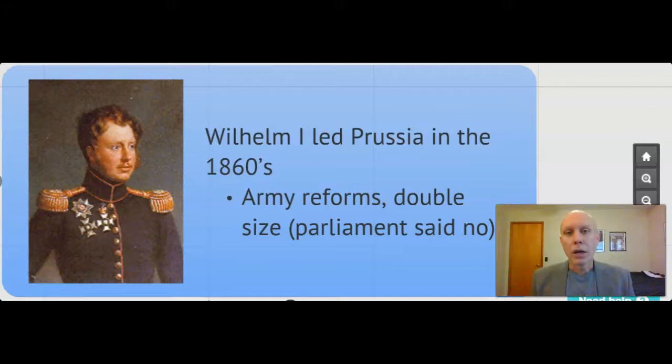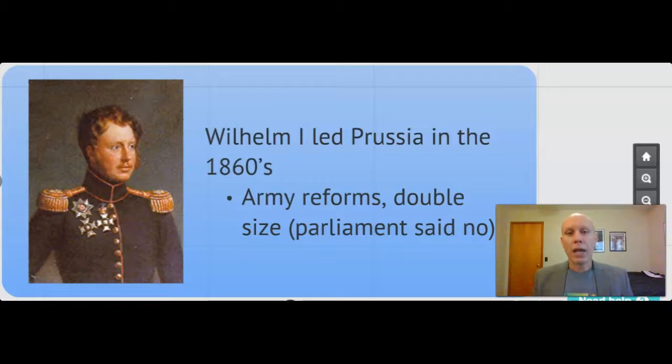Now, early on, there wasn't a whole lot of action in Prussia, especially regarding anything like attempting to unify German states together. But with the passing of power from one king to another, things would begin to change. Wilhelm I would come to lead Prussia as its king starting in the 1860s.